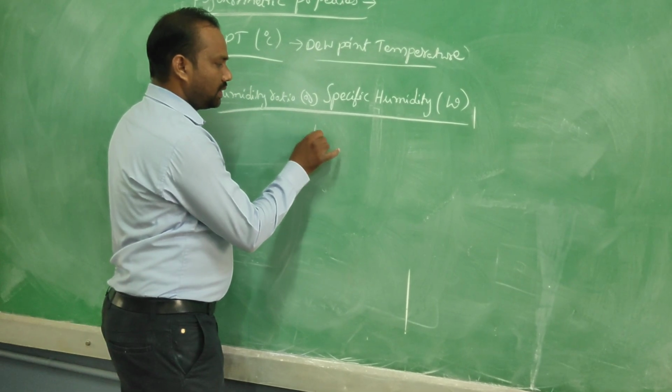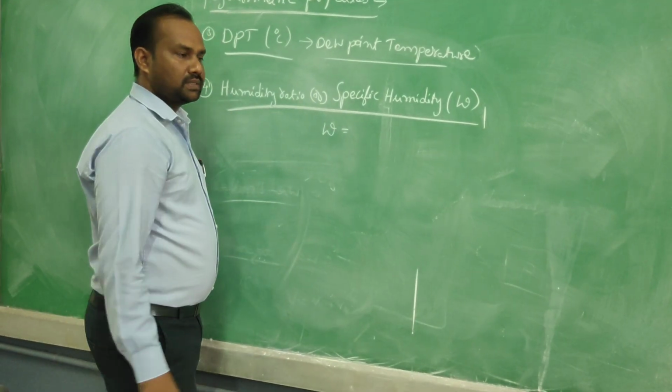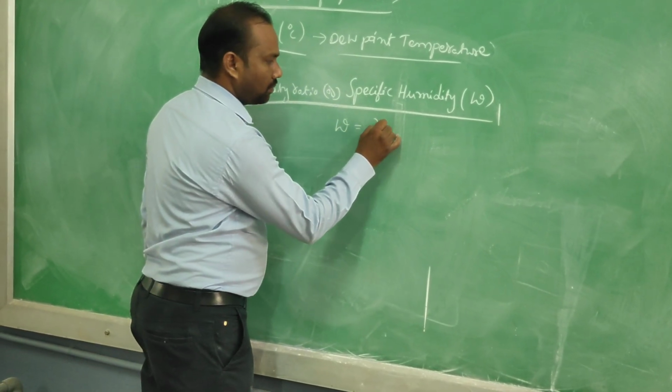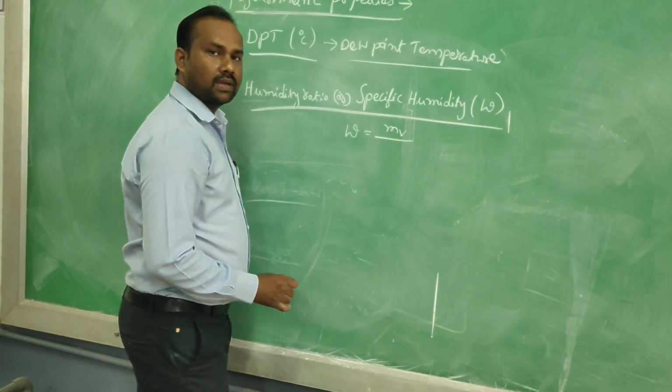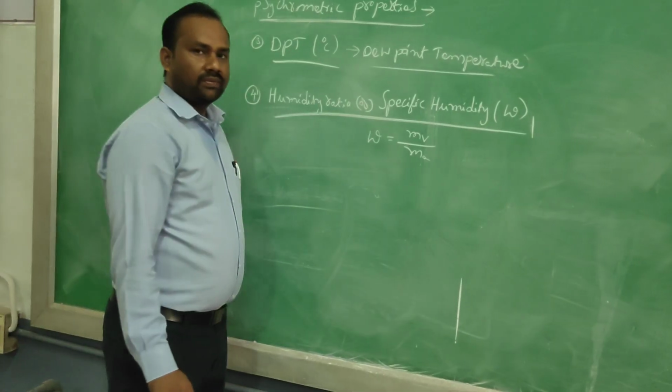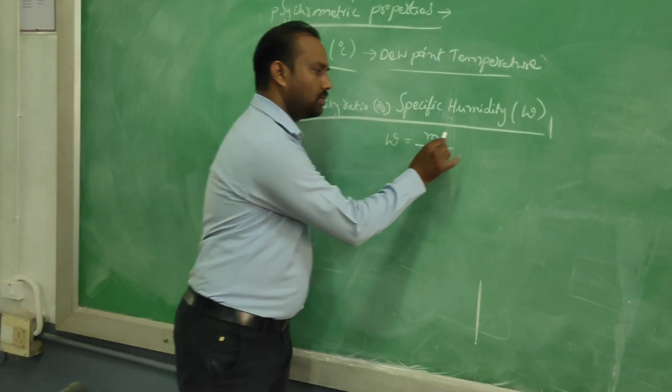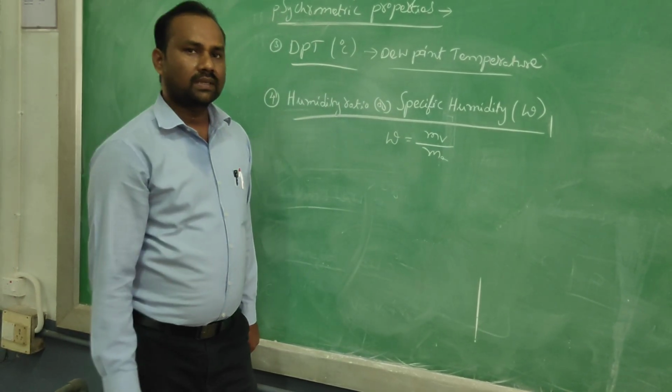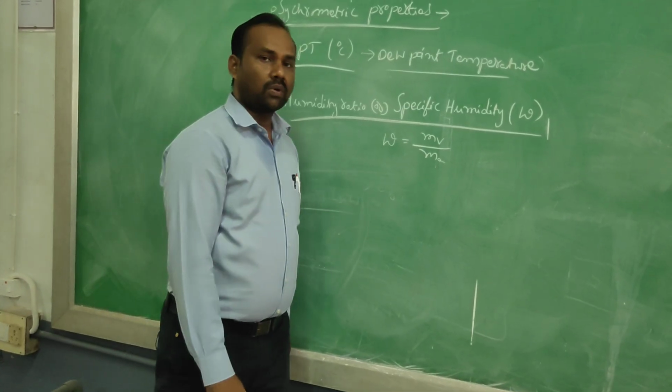What do you mean by humidity ratio or specific humidity? It is the ratio of the mass of water vapor to the mass of dry air in the given moist state.